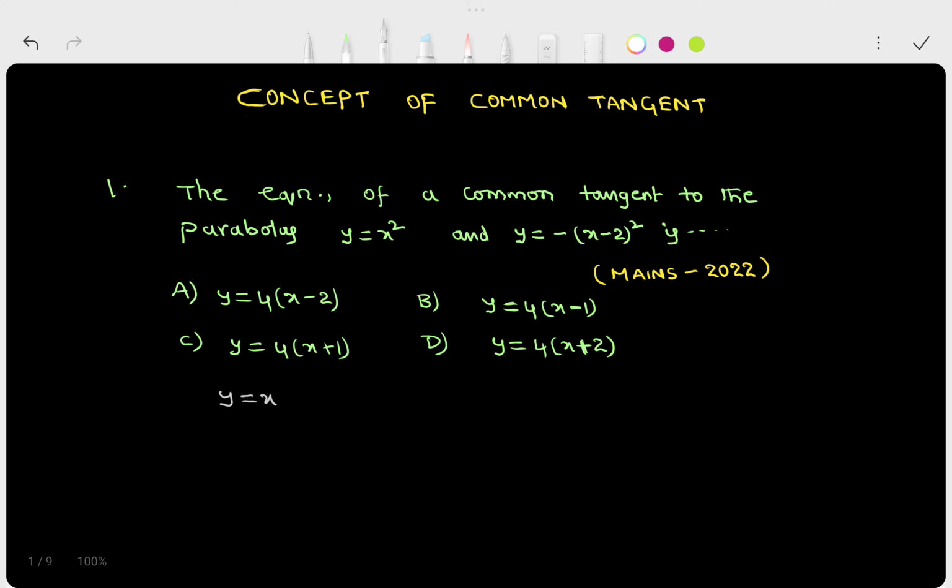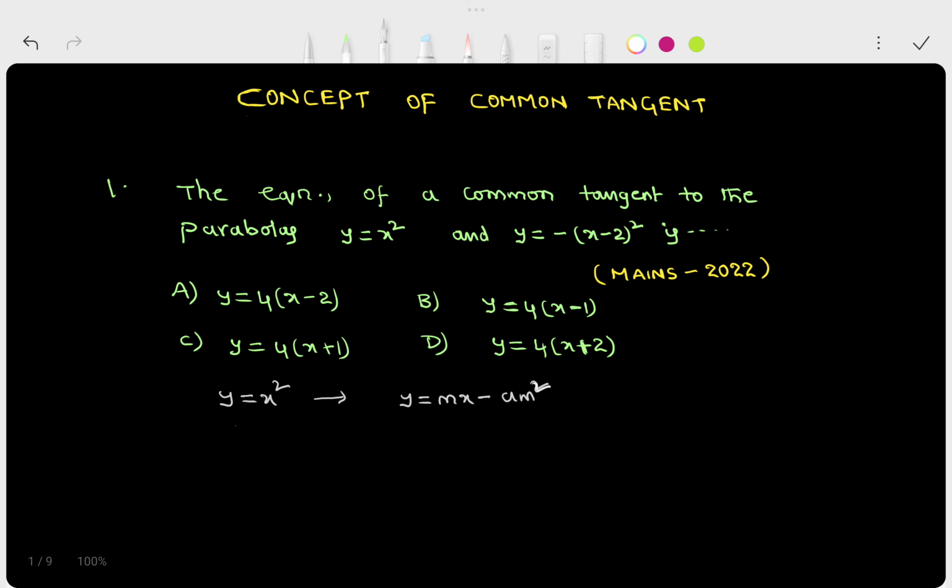So you know the equation of the tangent in terms of the slope m. The value will be y = mx - am². This is the equation of the tangent to the parabola x² = 4ay.